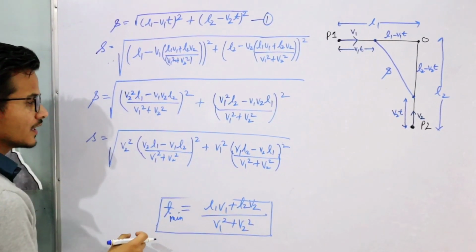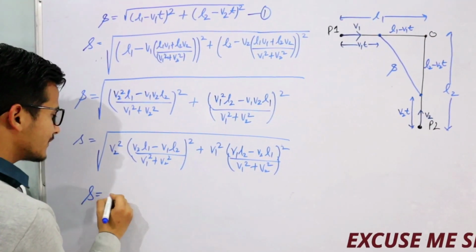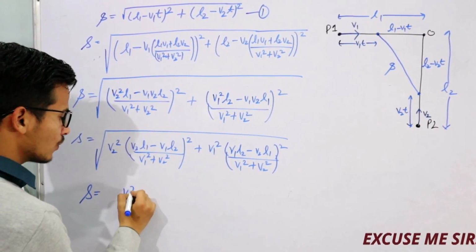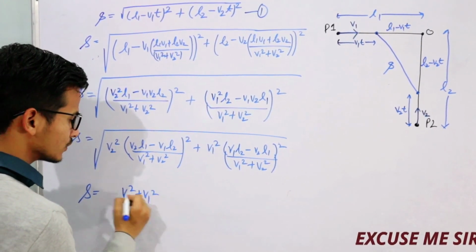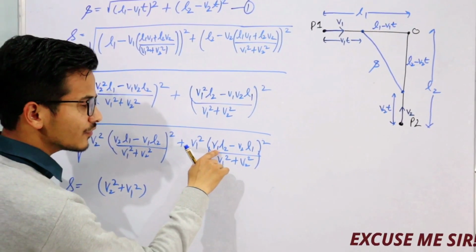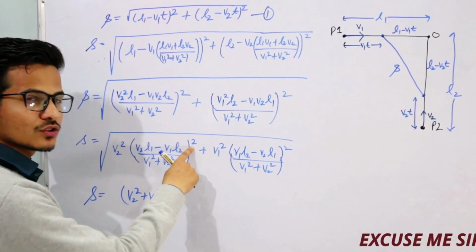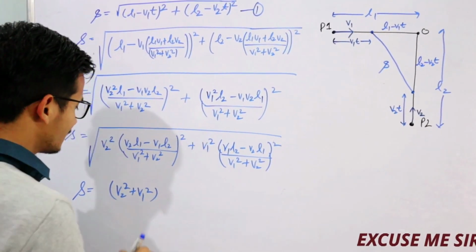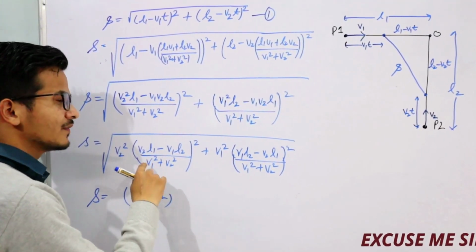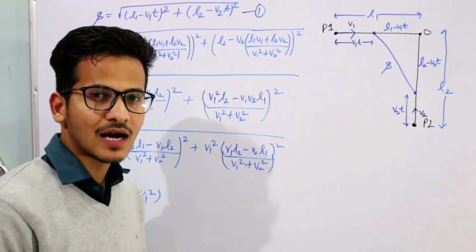So this is our equation, and we will simplify it again. We get v2 whole square plus v1 whole square, times v2 L1 minus v1 L2 upon v1 square plus v2 square, whole square. There is a square outside, so there is nothing to worry about: A minus B whole square and B minus A whole square are the same thing.